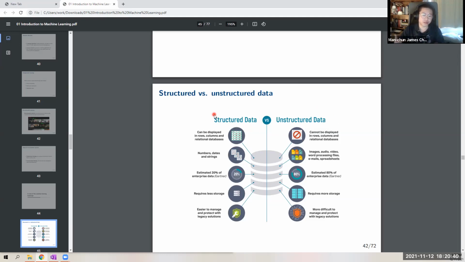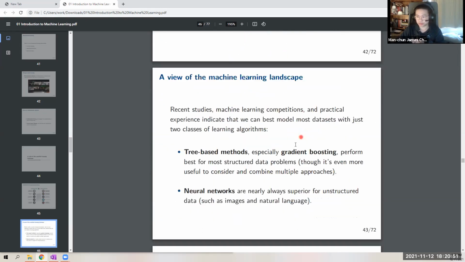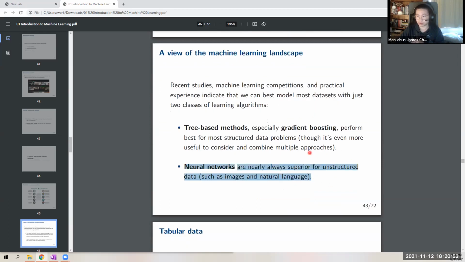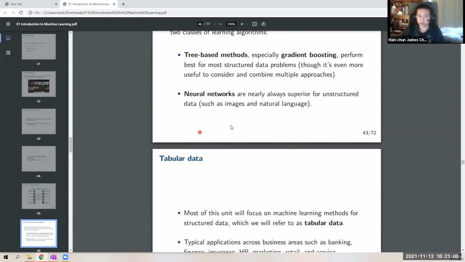In contrast, linear regression, trees, XGBoost, all these models tend to work better on structured data sets, but not so well on unstructured data sets. So these perform better on structured, but neural networks tend to perform better for unstructured.